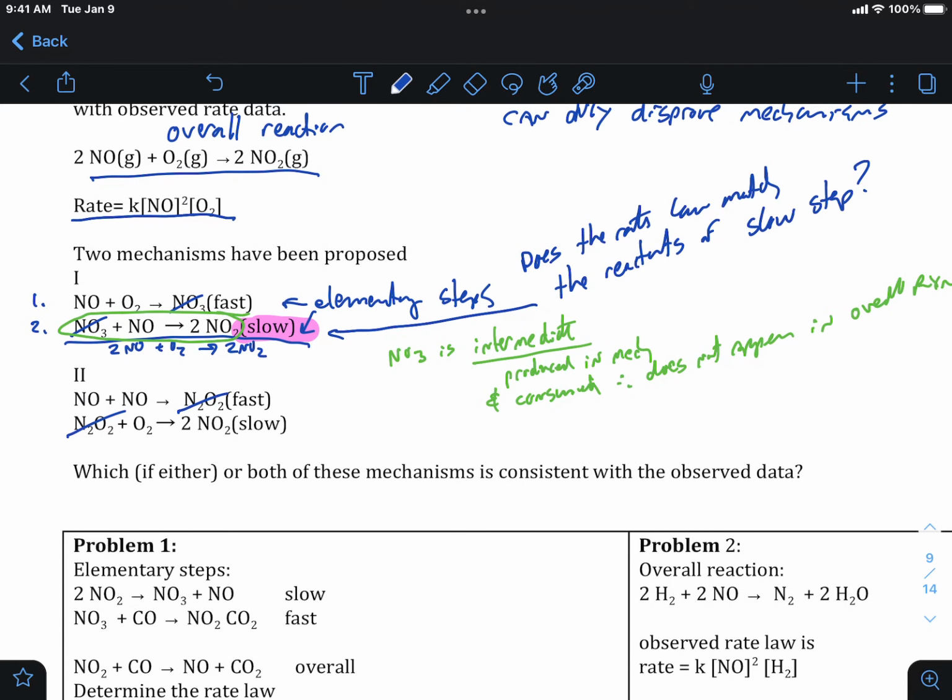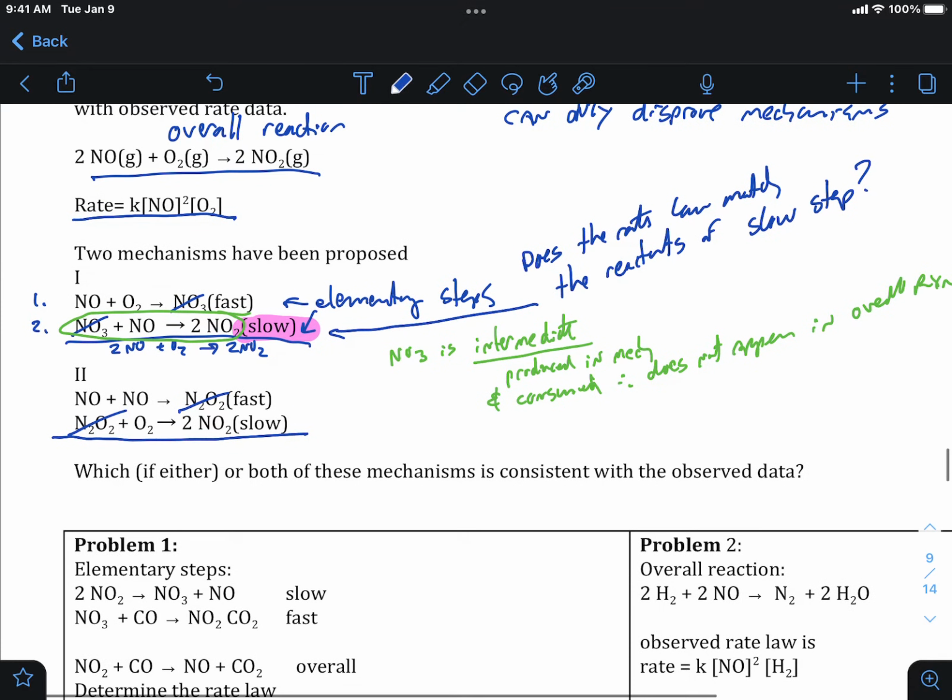Okay, so let's evaluate the second reaction. Does the second reaction algebraically add up to the overall reaction? So if I take the reactants that are left, I will have 2NO plus O2, and I will form 2NO2. So yes, it does. So the algebraic reaction here works as well. So now let's pay attention to the slow step.